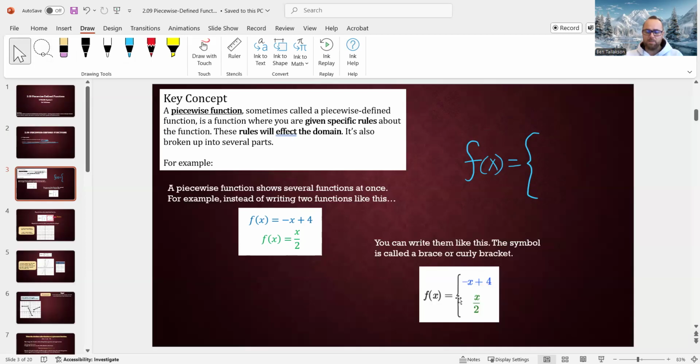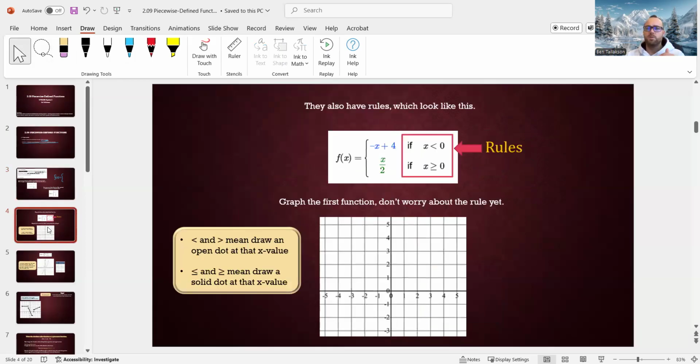So within the piecewise function, there are several different lines. Okay? So let's look at our first piecewise function here, f of x equals. Okay, for right now, I want you to please just ignore the rules. Okay, let's just focus on this first function, and think of it as f of x equals what you see there.